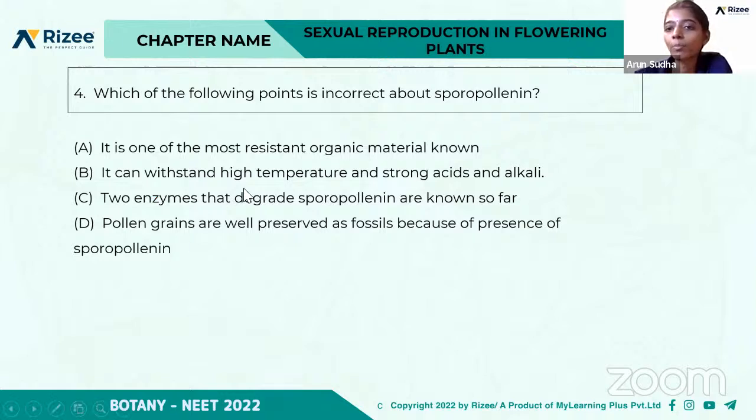Which of the following points is incorrect about sporopollenin? It is one of the most resistant organic materials known. It can withstand high temperature and strong acids and alkali. Two enzymes that degrade sporopollenin are known so far. Pollen grains are well preserved as fossils because of the presence of sporopollenin. Yes, C is the right answer again here.